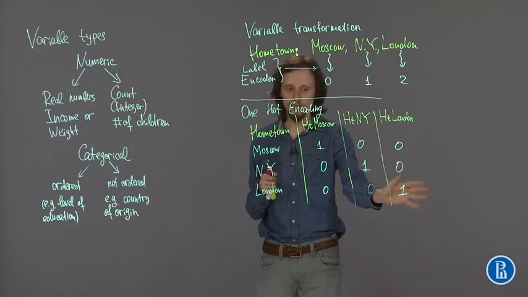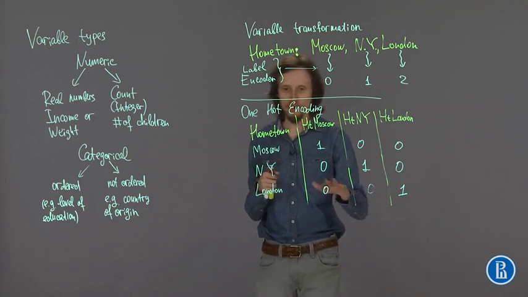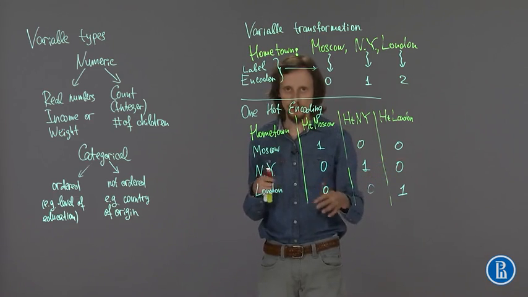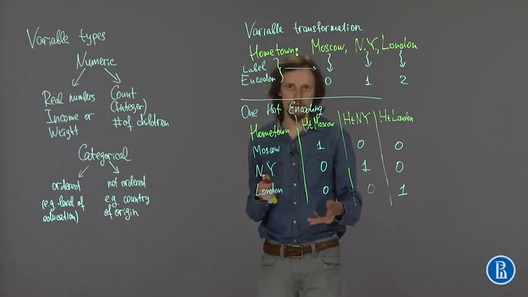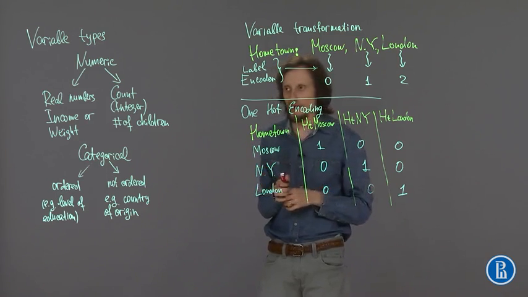We can safely remove it, because if we see 0 here and 0 here, we understand that our hometown is not Moscow and not New York, and therefore it has to be London. So in this coding scheme there is some kind of redundancy, and if we remove one column, then we remove this redundancy. For some methods like linear regression, this can be important.